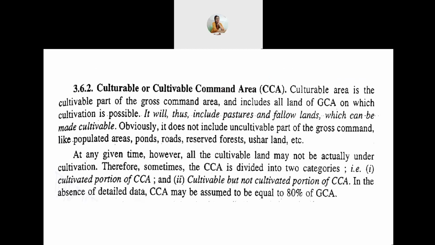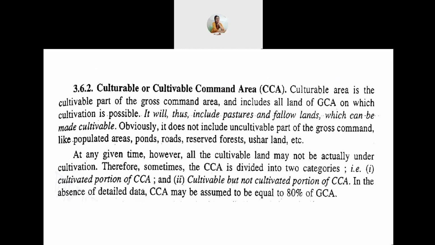Obviously, it does not include the uncultivable part of the gross common area like populated areas, ponds, roads, reserve forests, usar land, etc. At any given time, however, all the cultivable land may not be actually under cultivation. So therefore, sometimes the CCA is divided into two categories, that is, number 1, cultivated portion of CCA, and number 2, cultivable but not cultivated portion of CCA.